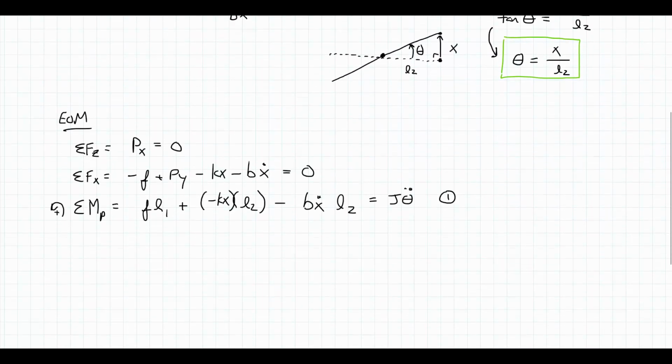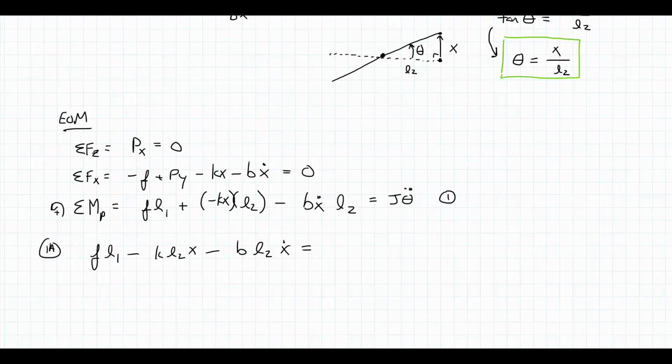So I want to get rid of this theta here. So 1a, I'm going to rewrite this now. I have this F L1 minus K L2 x, I'll put the x at the back here, minus, and I'll put the x dot at the back here as well, equals, now this theta will get replaced.